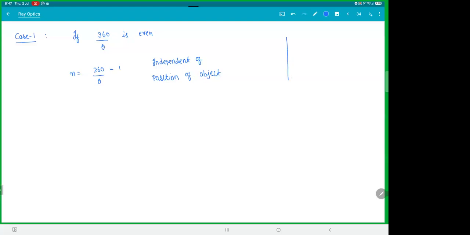So for example, if you have two mirrors at 90 degrees, let this be M1 and let this be M2. If you have an object here, this is what actually happens. The light rays will bounce like this, so you get an image here, I1. Now these light rays, which are bouncing off, will hit this mirror and bounce off here.